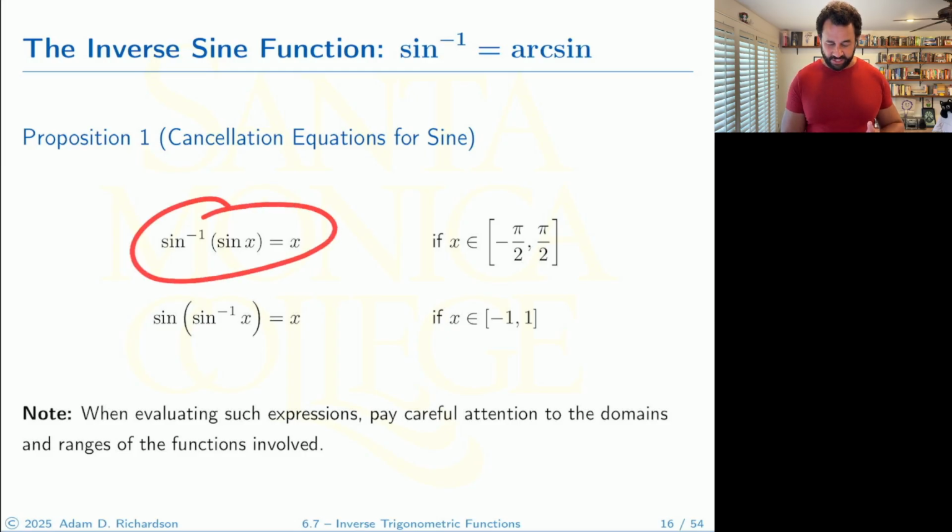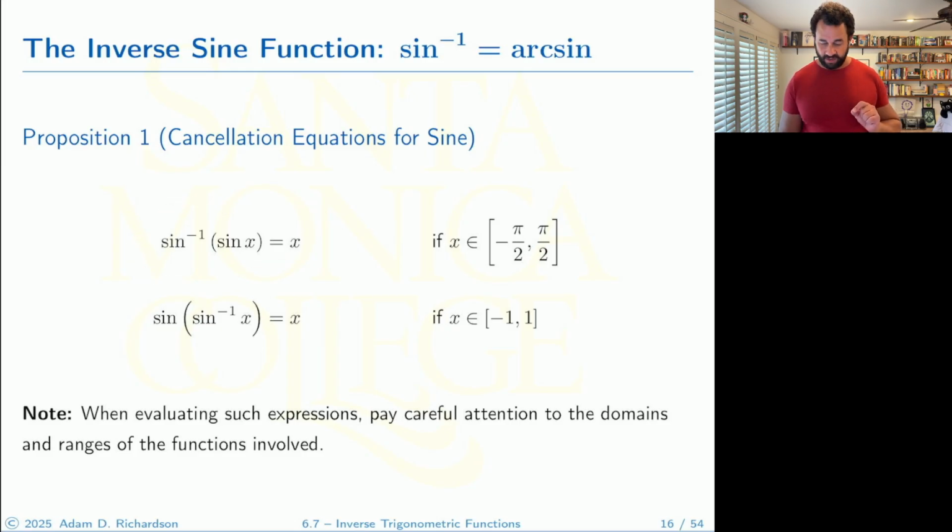So this cancellation equation only applies when x is in that restricted domain, so beware. And again, the reason for this cancellation is what we had talked about before. You're performing a function and then you're performing its inverse, which undoes the process of that original function. And so you're left with the input that you put in at the very beginning.